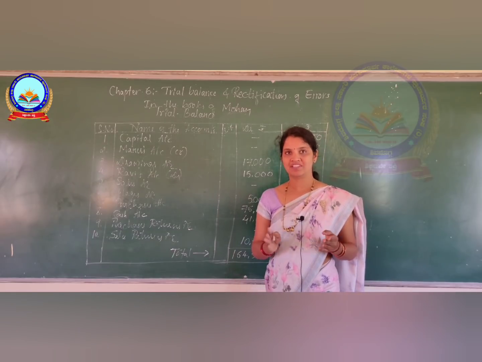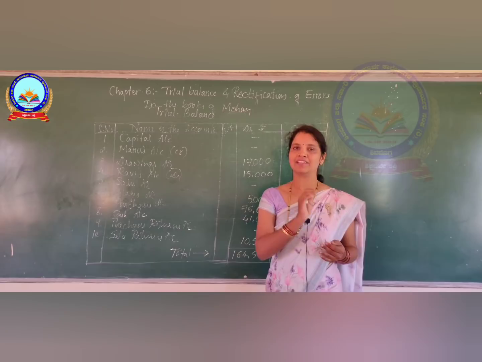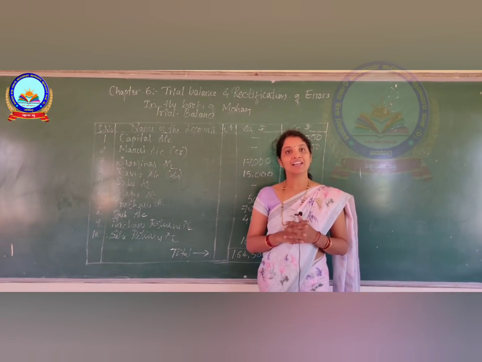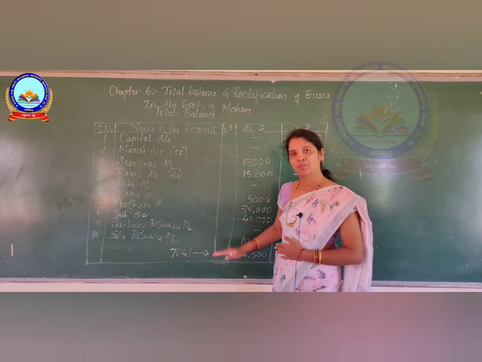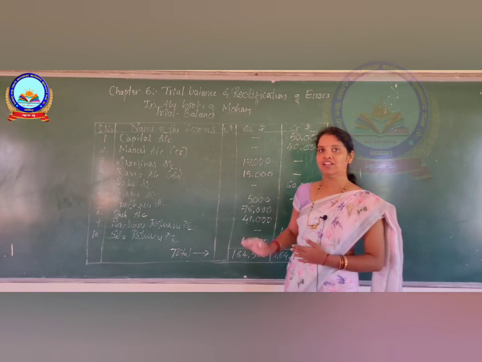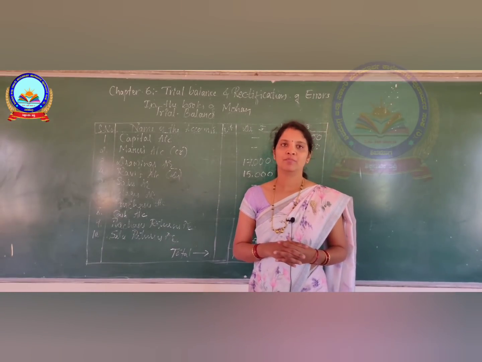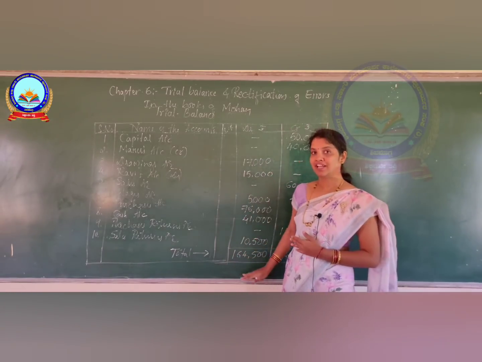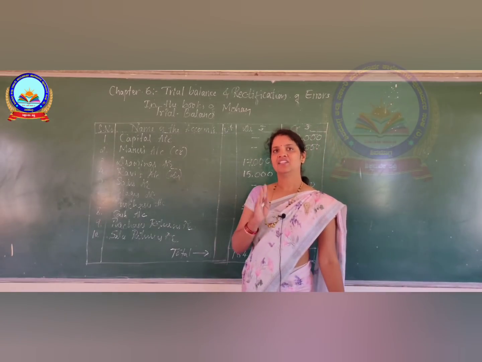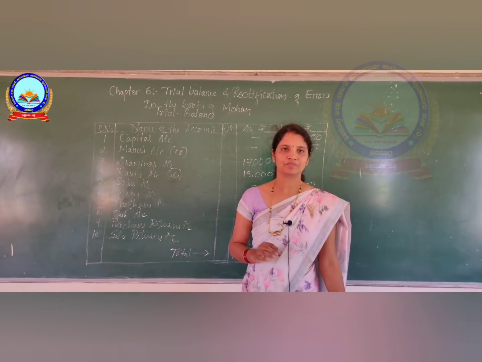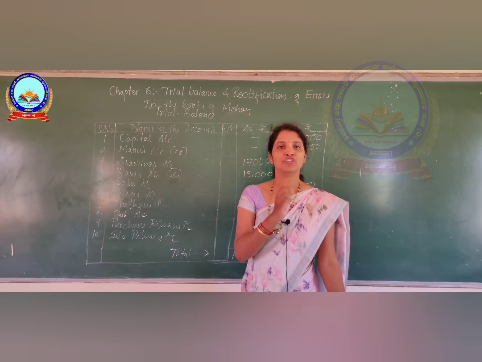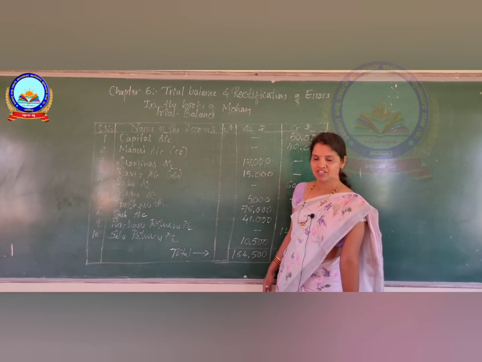We did no mistakes, we can say, but to some extent, not 100%. This proof is not at all absolute proof, because even though the trial balance tallies, there is a chance of committing mistakes. There are some mistakes which do not affect the agreement of trial balance.